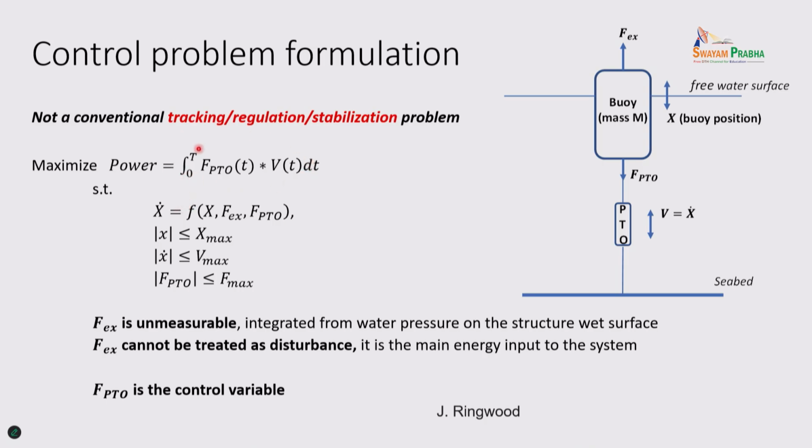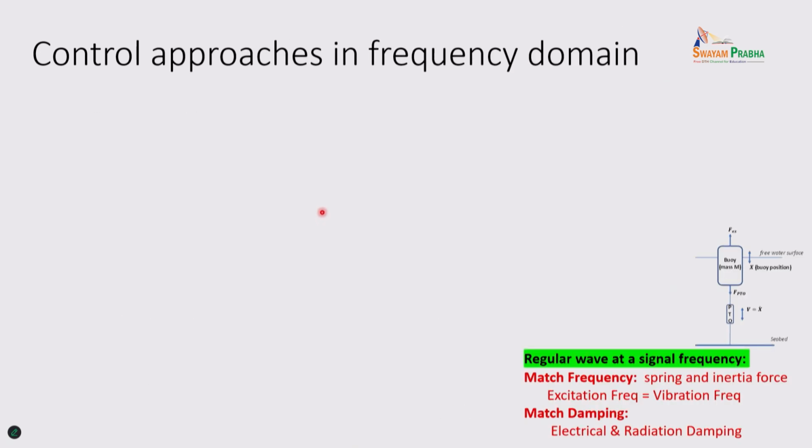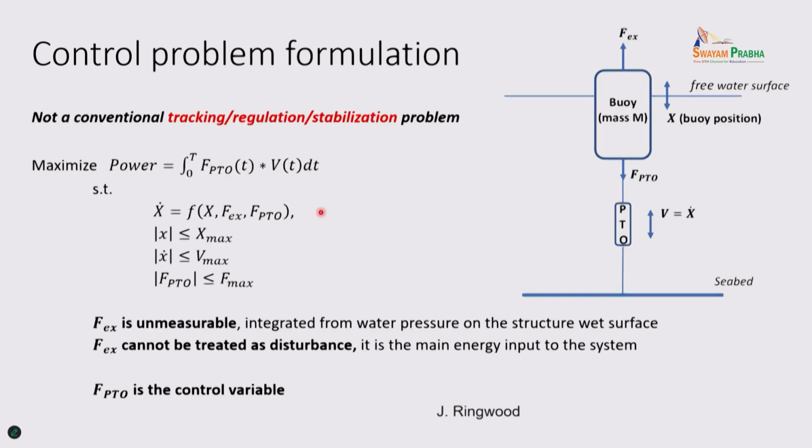You want to maximize the power output subject to velocity constraint, displacement constraint, and PTO force constraint. So why is it different from the normal one? And so, how many of you have learned LQ control, linear quadratic control?